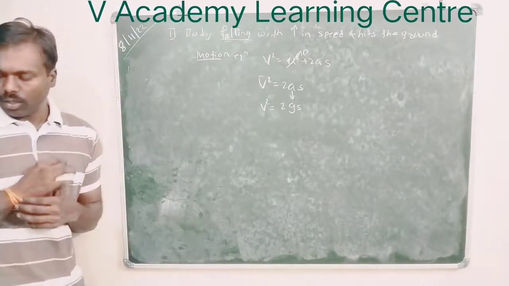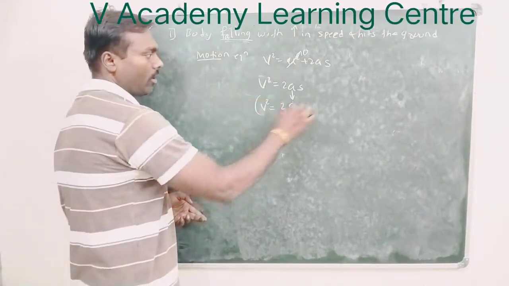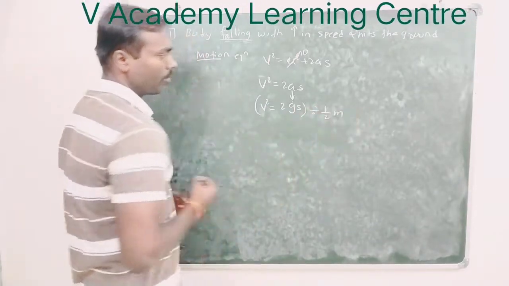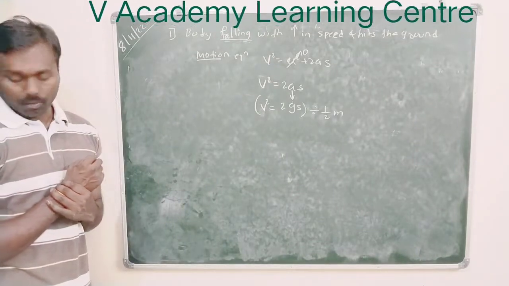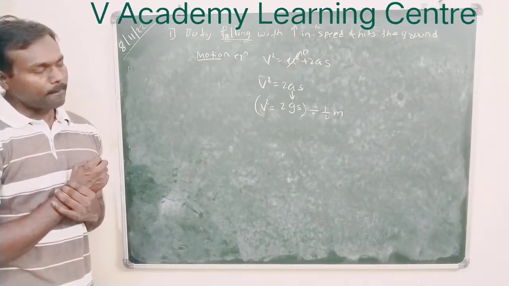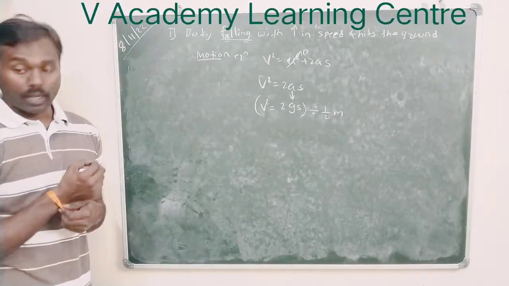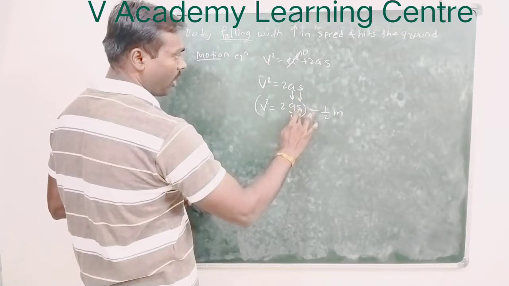Then I divide this by, what happens if you divide? And one more thing, I change s to h, as it is falling down.